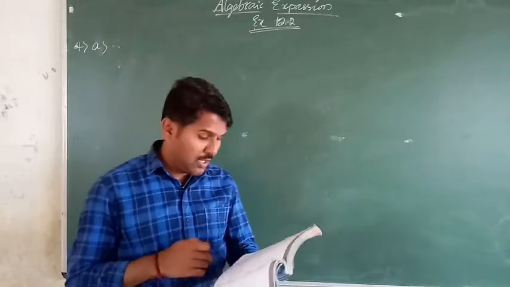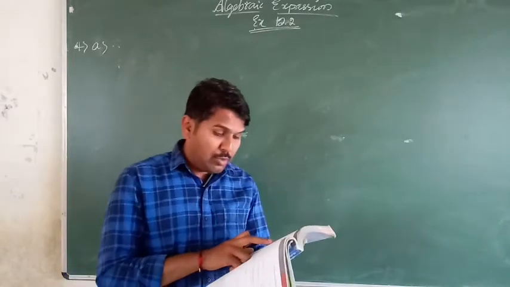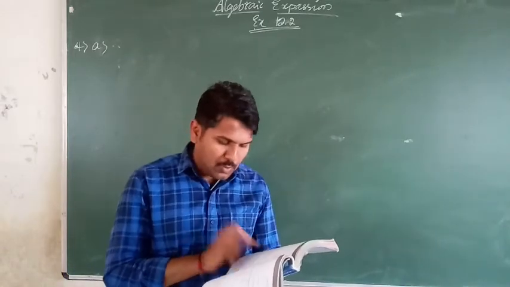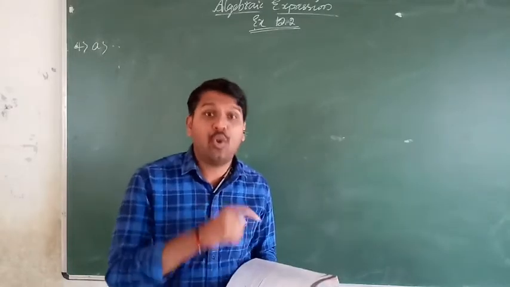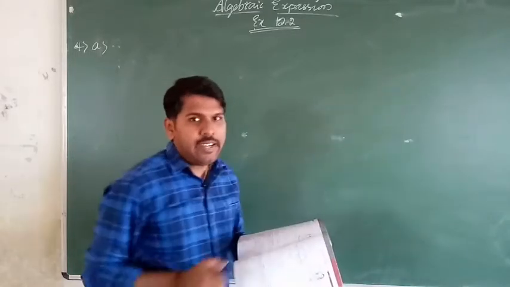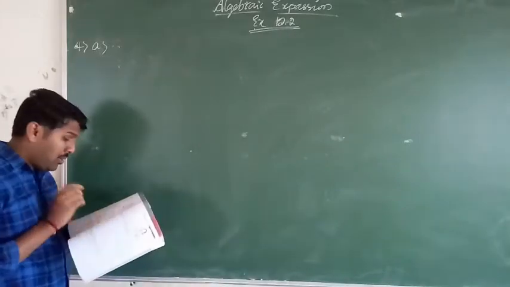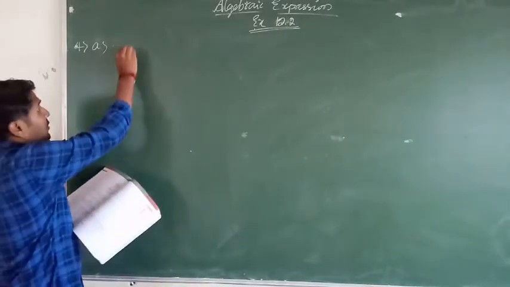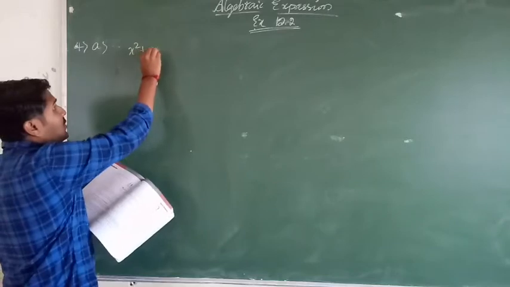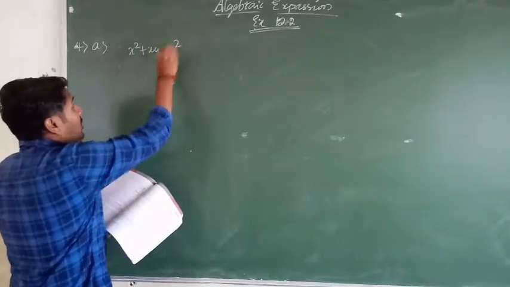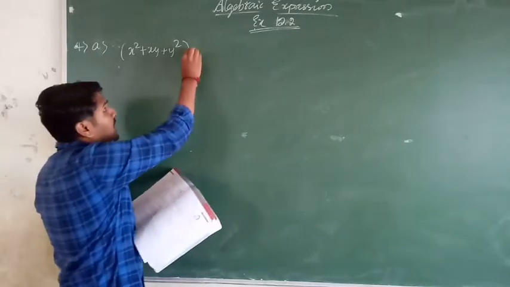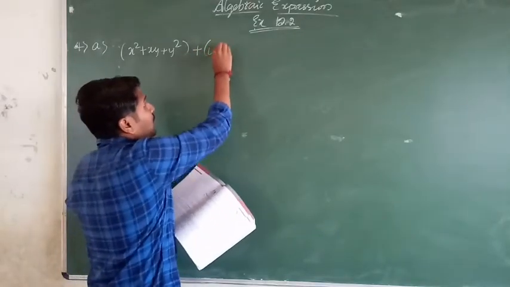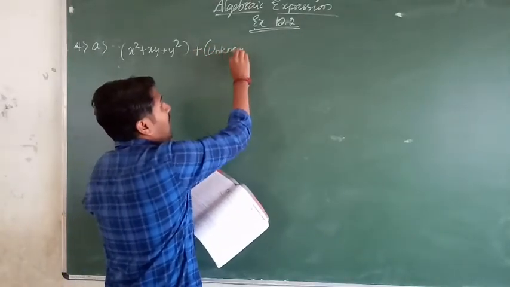So next, the fourth one. What should be added to x square plus xy plus y square to obtain 2x square plus 3xy? To obtain means that is the right hand side. So what do we have to add? We should add to x square plus xy plus y square an unknown term.